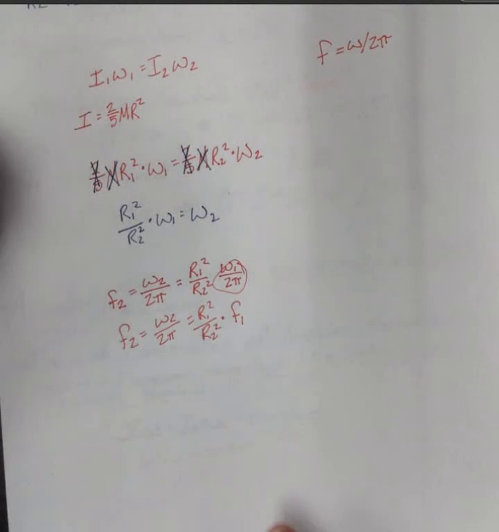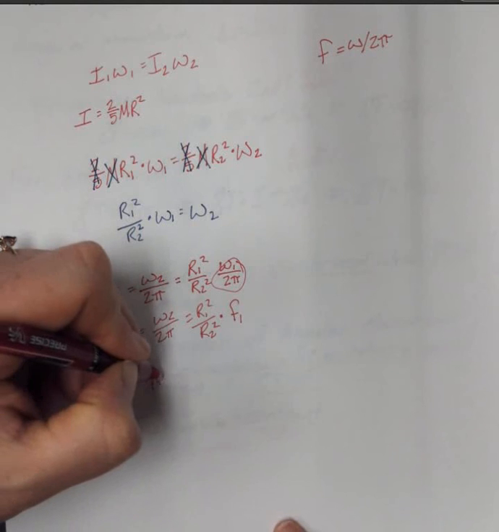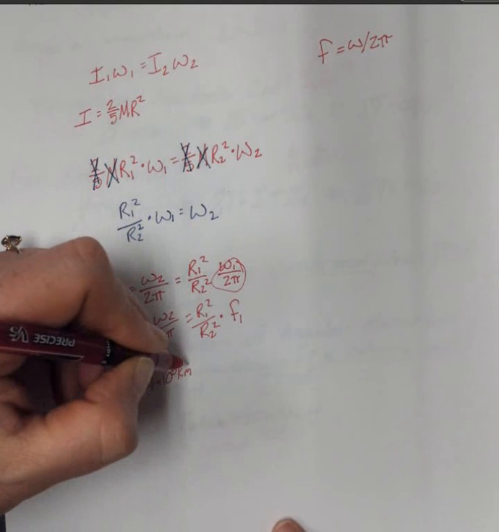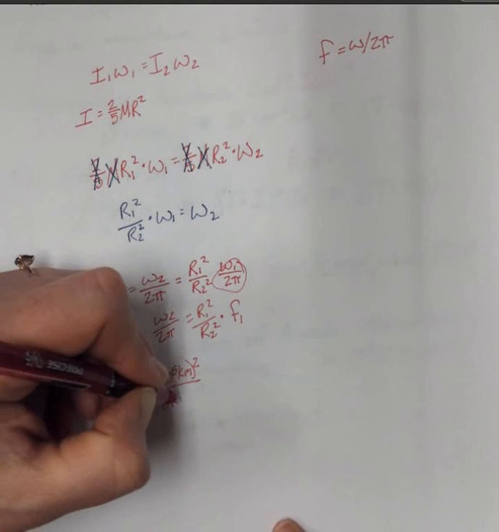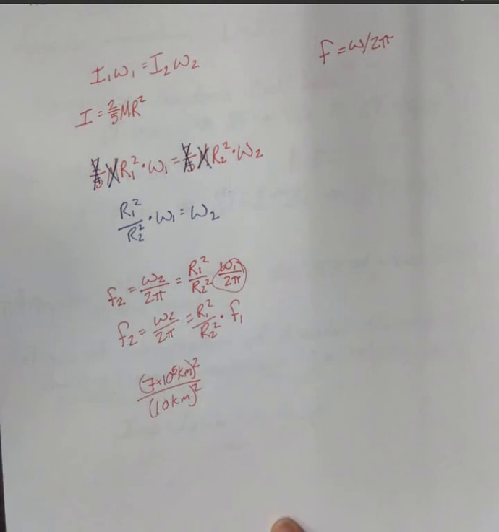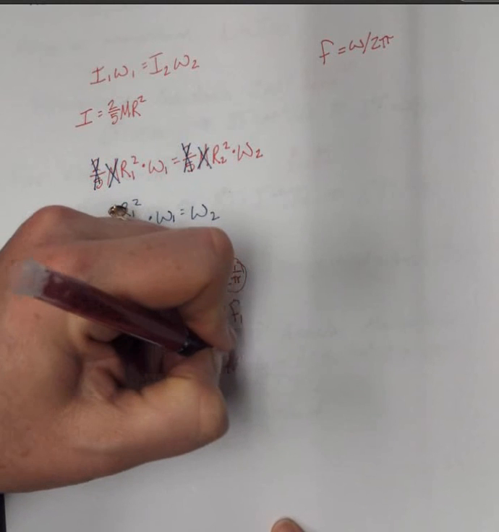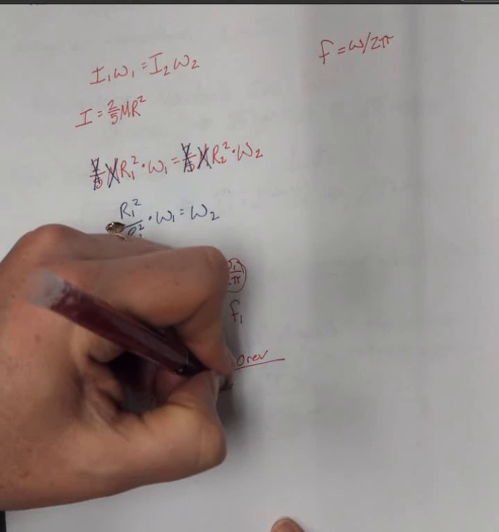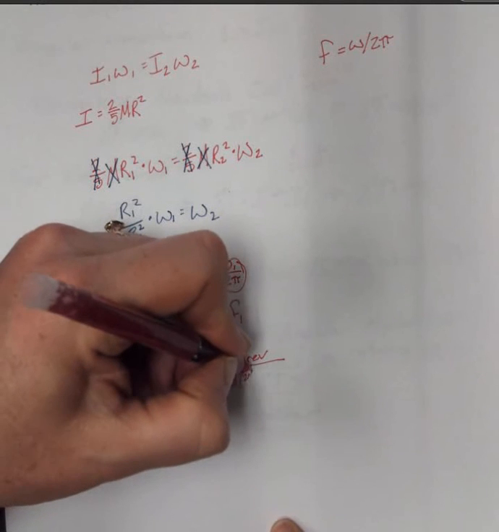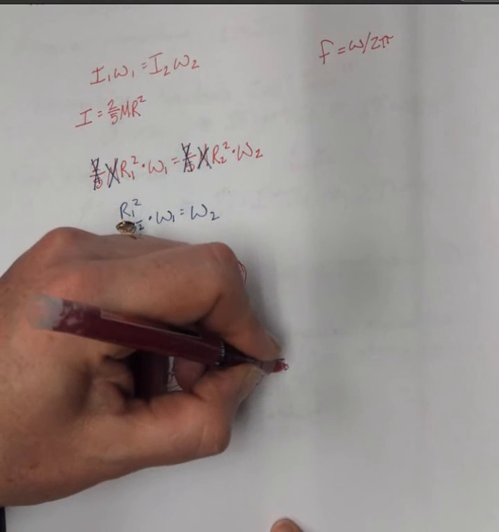So plugging that in so I can get revolutions per second, I get 7 times 10 to the 5th kilometers, squared, divided by 10 kilometers, squared. And I didn't change from kilometers because it's a ratio, so the unit, as long as it matches, doesn't matter. And then I have 1 revolution occurring every 10 days. 10 days can be converted with 24 hours per day times 3,600 seconds per hour.